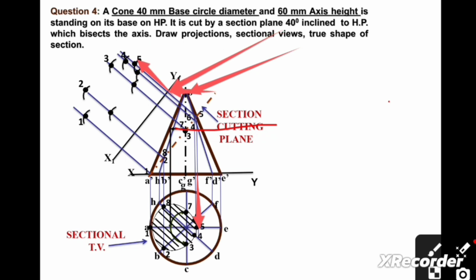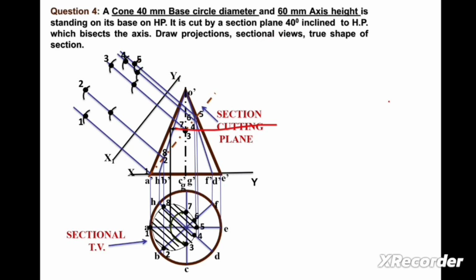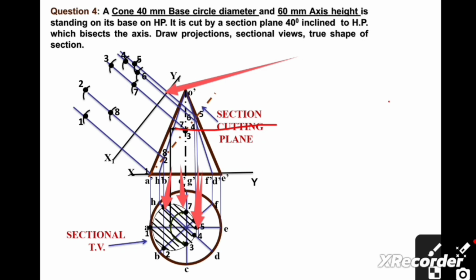So here we will get point number 5. Now to get points 6, 7 and 8, we take the radius from the XY line to point 6, from the XY line to point 7, and from the XY line to point 8. First, the XY line to point number 6 radius. Consider this point as the center point and draw one arc. So here we will get point number 6.